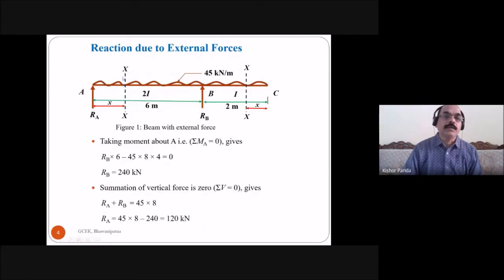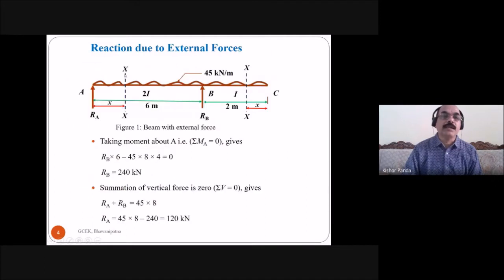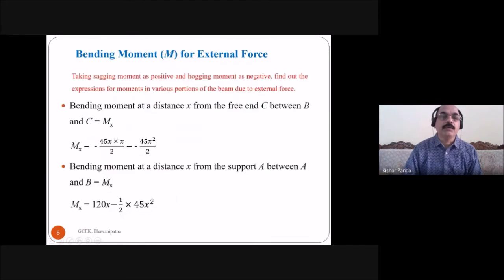So the moment at the section is equal to RA into x minus 45 into x by 2. But you know RA is equal to 120. Mx is equal to 120x minus half into 45x square. So this is the moment at a distance x from the support A between A and B.